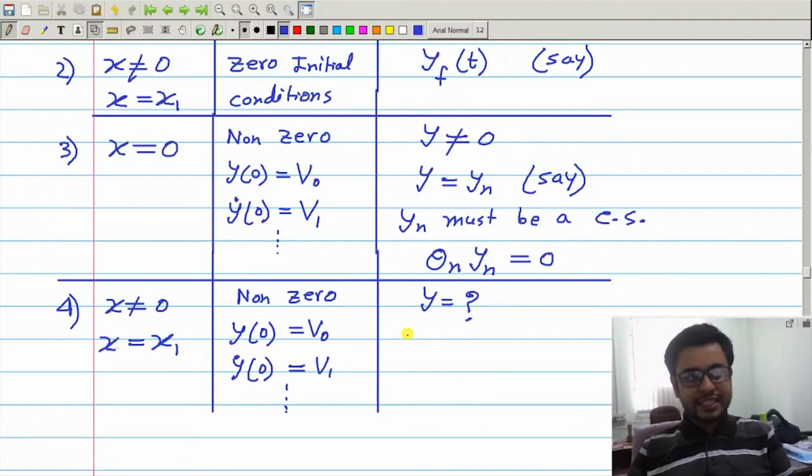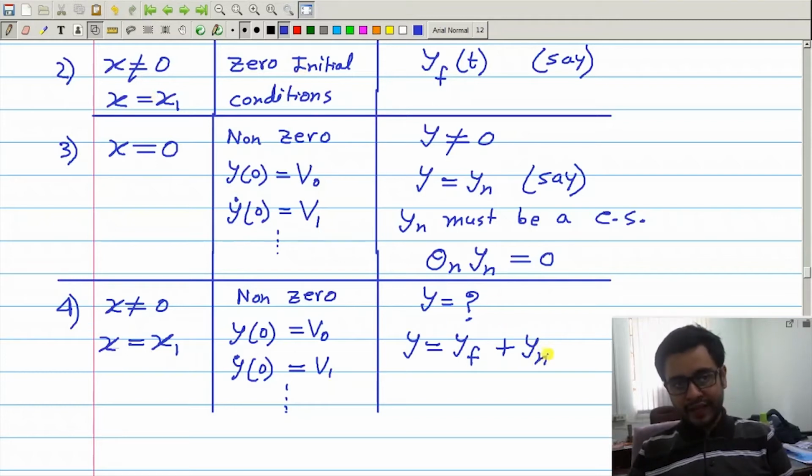You can easily see that in this case output y will be equal to y_f plus y_n, where y_f is the output when the input was non-zero but initial conditions 0, and y_n is the output which we got with 0 input but non-zero initial conditions.